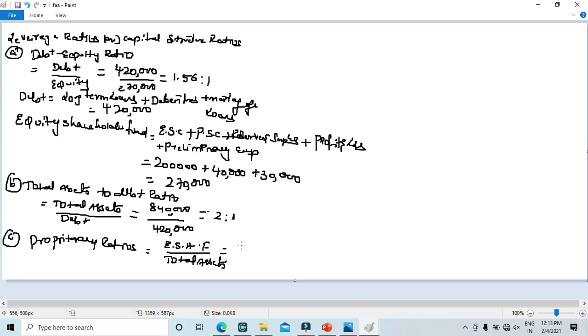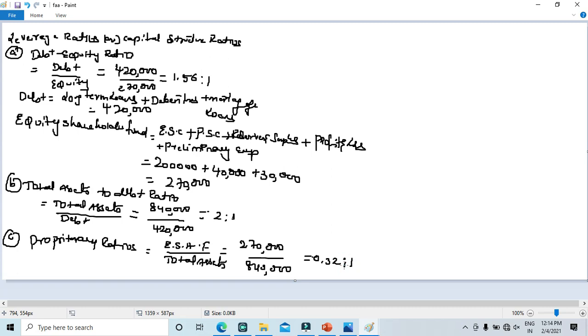Let's check out another problem. Given that the current ratio is... this is a problem which has been asked in 2019.